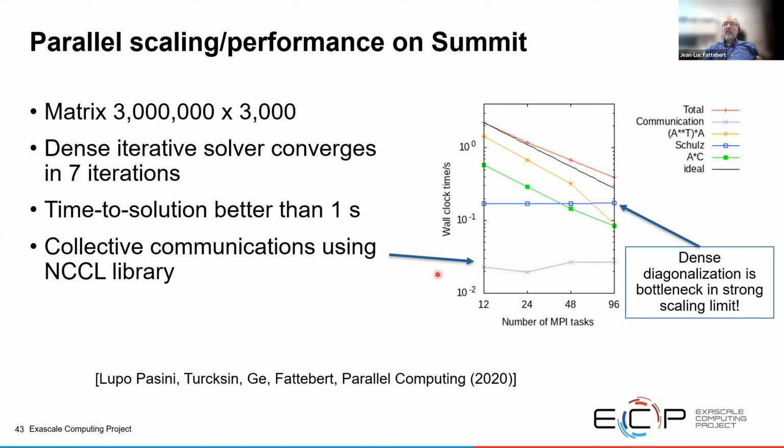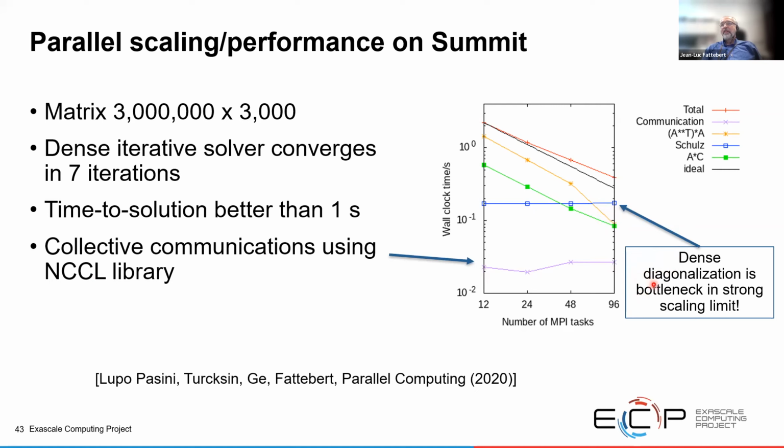We show that on NVIDIA, the communications using the NCCL library are actually an order of magnitude faster than this dense diagonalization, even using the type of iterative schemes I presented earlier in this talk.